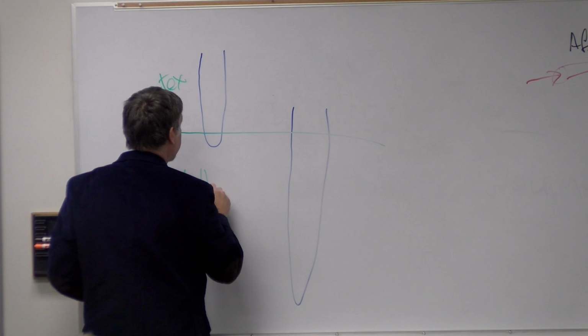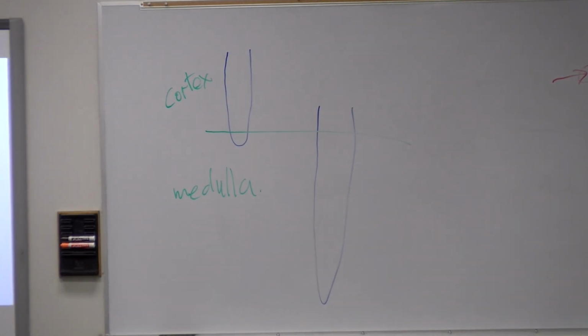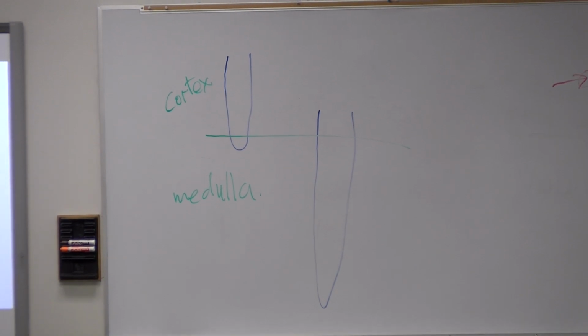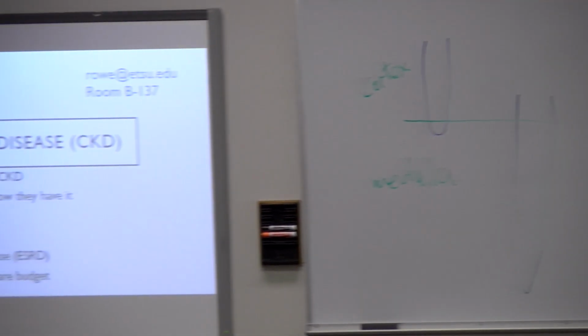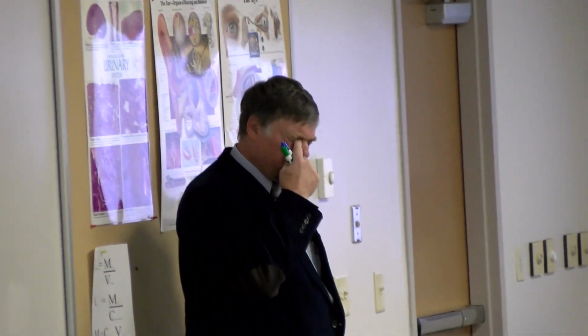And I don't need you to really take a lot away here. There was a time when I started in science back in the 70s where we were very excited about this observation. It had actually been observed back in the 40s. But we know that those long loops of Henle, have I confused anybody with loops of Henle yet? Okay. These long loops of Henle are very important in terms of conserving fluid.